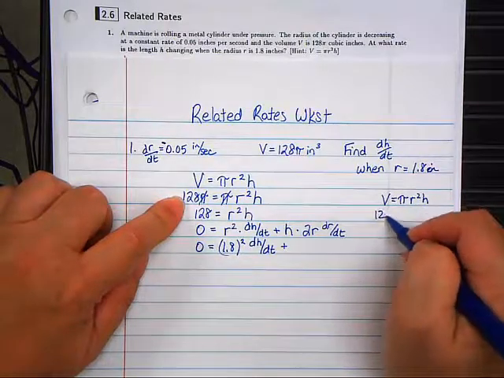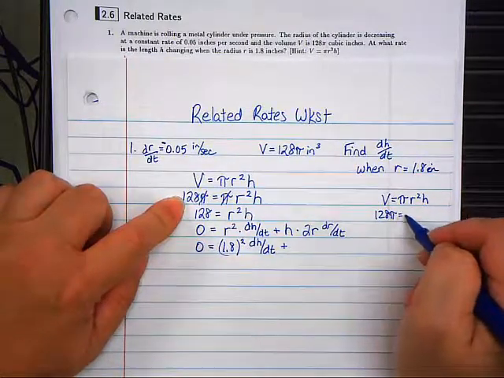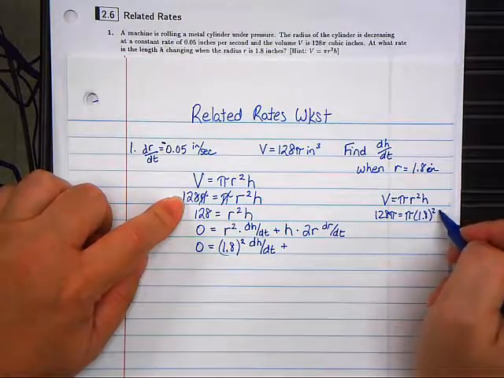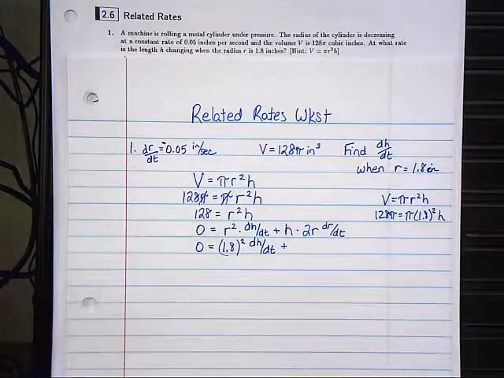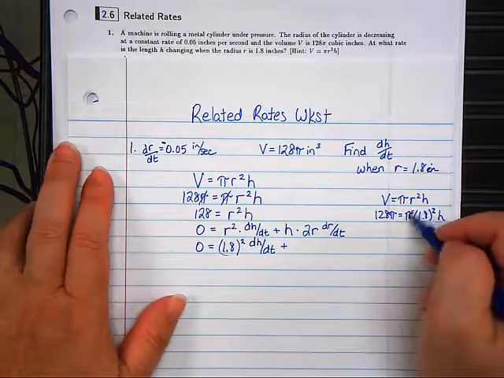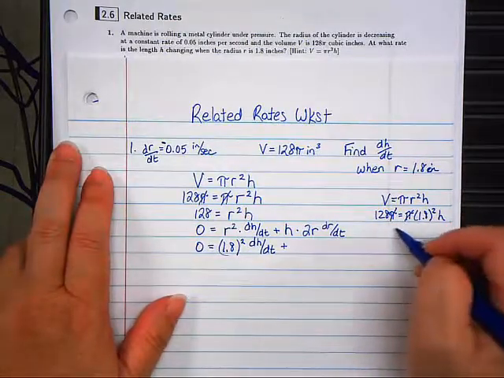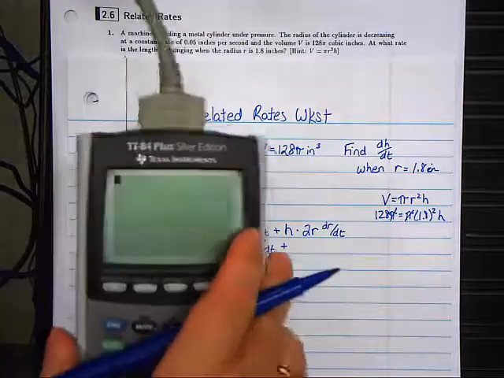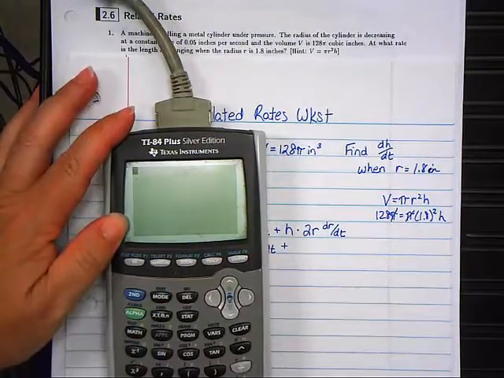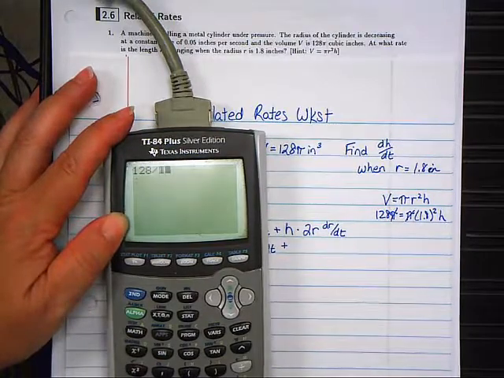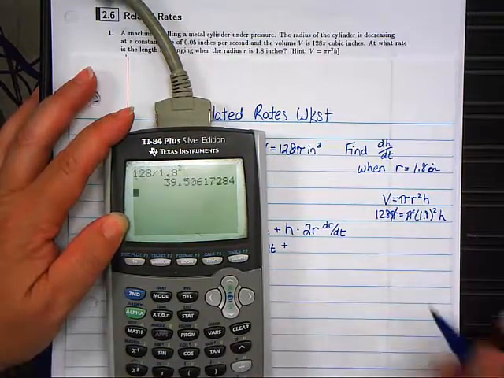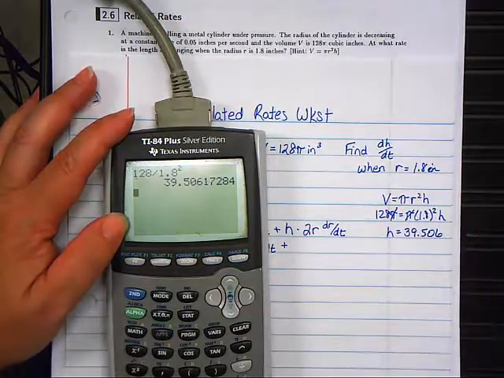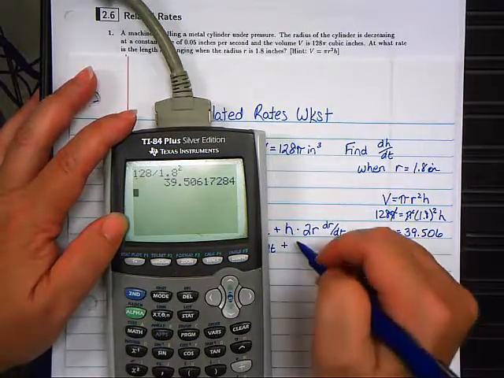Plug in the 128 pi here. Equals pi, r is 1.8 squared, h. Once again, cancel your pi's. So I need a calculator, and I need to do 128 divided by 1.8 squared. And I get h equals 39.506.